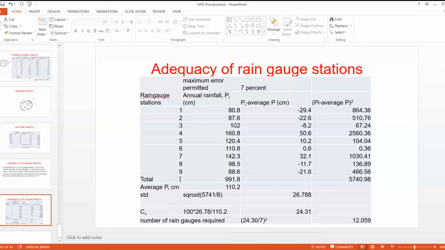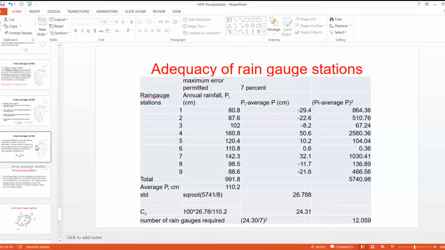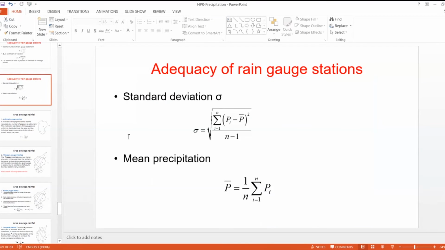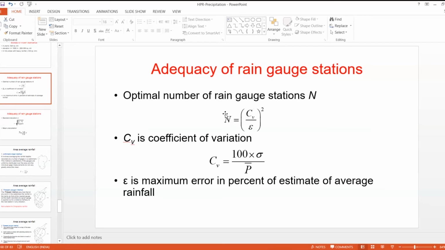The adequacy of rain gauge stations is calculated by using this formula. That is, the optimal number of rain gauge stations in a given catchment is equal to (CV/ε)², where CV is the coefficient of variation.